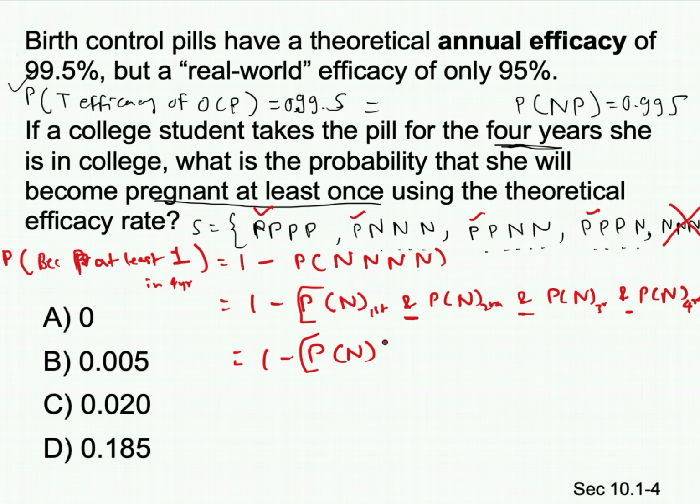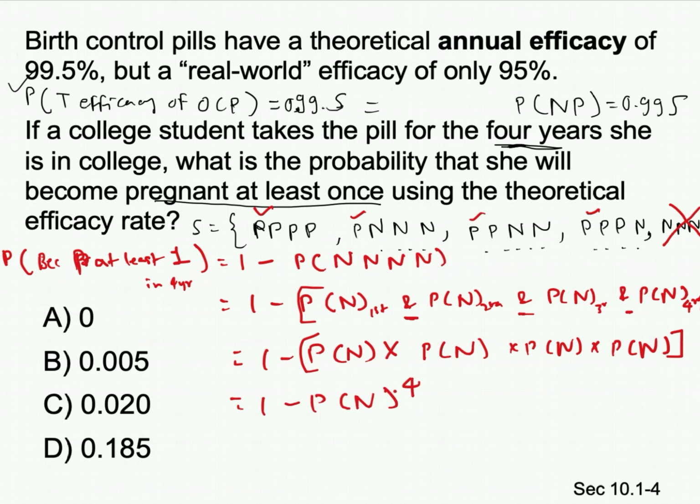That's the assumption we are making. So these are independent events, and that's why we simply multiply those events, A times B, not the conditional ones. So that's nothing but n raised to the power 4, the fourth power.